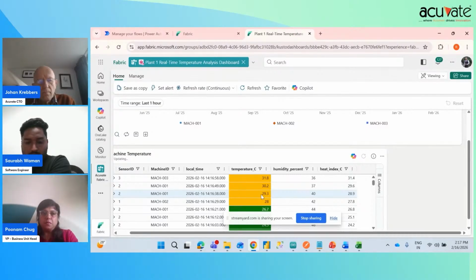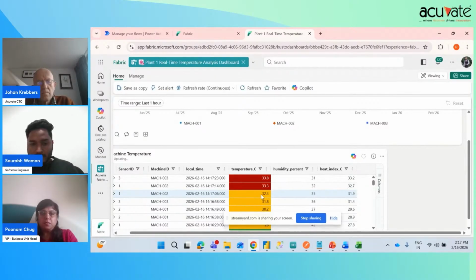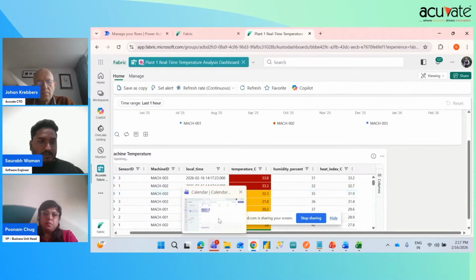Activate the activators, and with the help of activators, it will send the alerts and notifications. Now you can see that my temperature has gone to the critical level. And I received the alerts also. Show that.